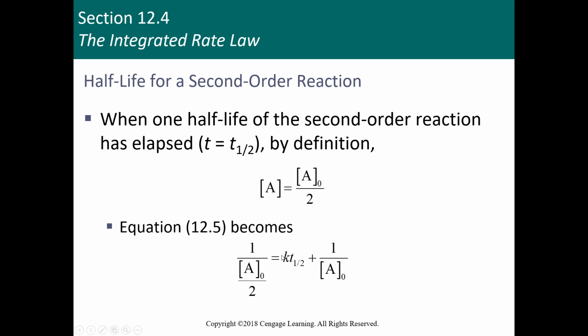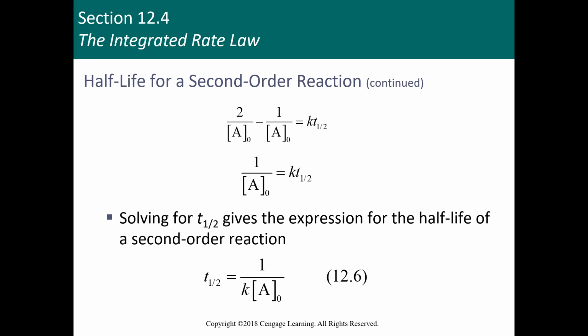Let's go ahead and clean that and solve that a bit so we can get it nice, clean, and easy to deal with. So when we go ahead and do a bit of solving, we see that we get this, which is 1 over the initial concentration equals k times the half-life. So when we solve for the half-life, that will give us the expression of our half-life for a second order reaction like we saw before. So again, our half-life would equal 1 over k times the initial concentration.